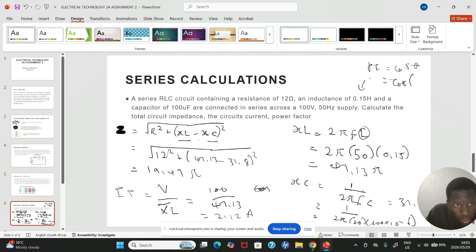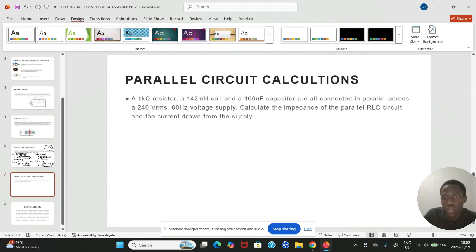Our R is 12 divided by the impedance, which is 19.47. So 12 divided by 19.47 gives us 0.61 lagging.